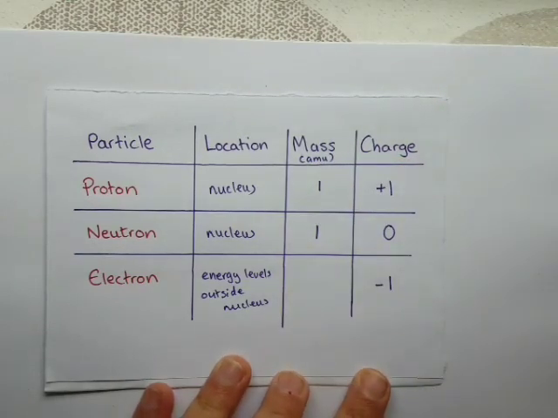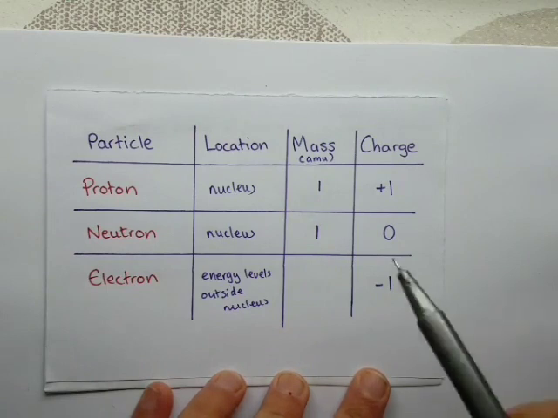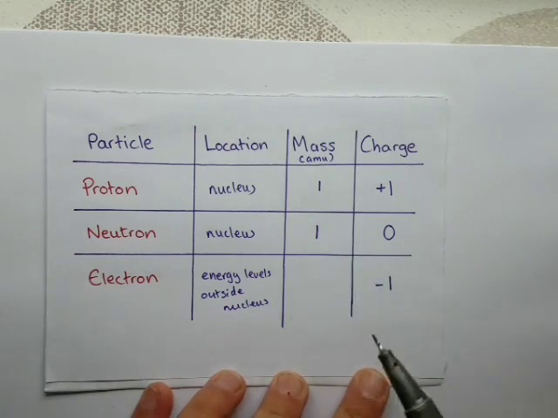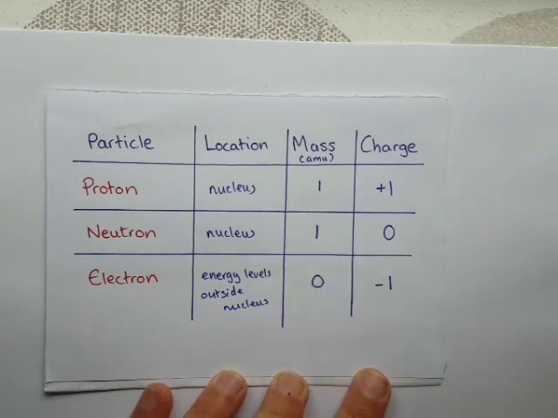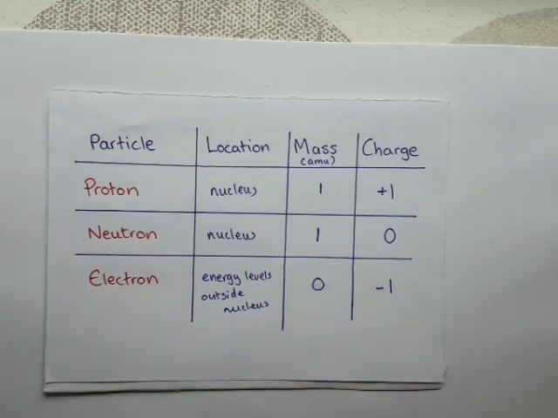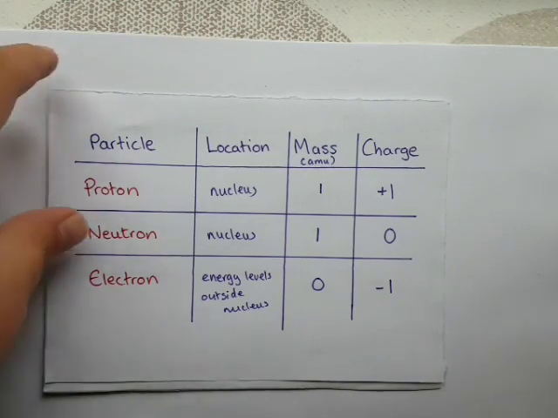And electrons have a tiny, tiny, tiny mass, but it's so many times smaller than even the very tiny mass of a proton and neutron that we basically say they have a mass of 0. It's not quite true, but compared to the proton and neutron, their mass isn't very important. So this is quite important when we're studying atoms, because if protons and neutrons each have a mass of 1, then the total number of protons and neutrons in the atom will tell us the overall mass of the atom, and that's what we're going to look at next.